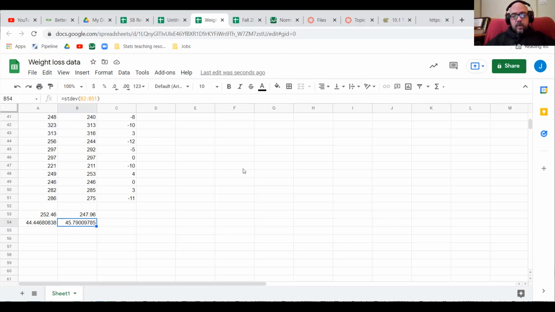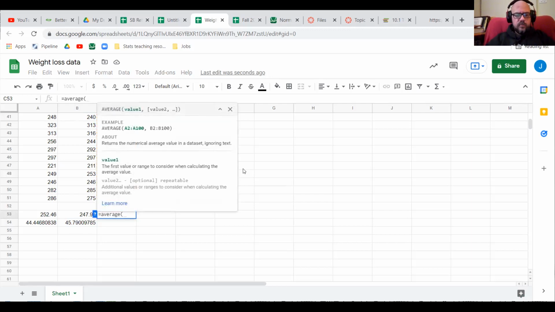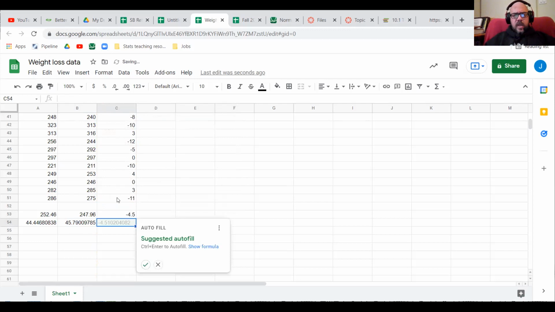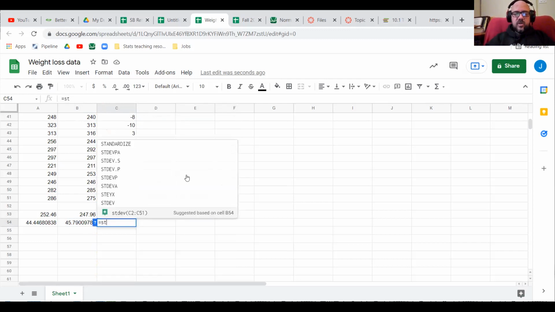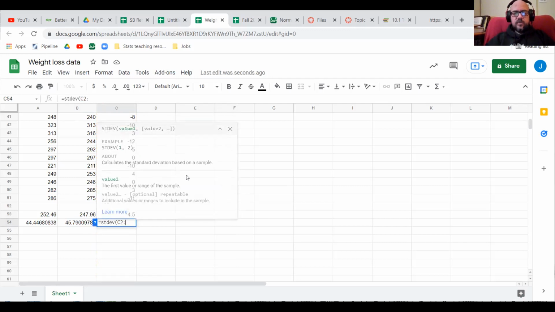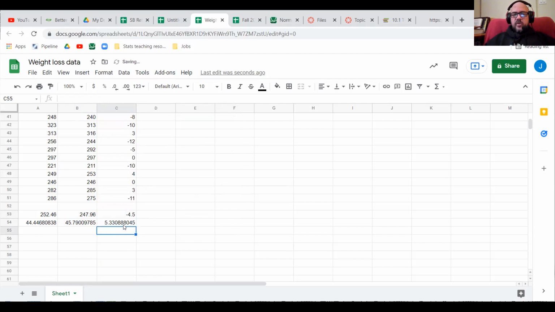However, the thing I want to do here is average of C2 through C51. Yeah, so 4.5 pounds. And then I'm going to find the standard deviation of C2 through C51. The standard deviation here is just 5. That probably makes this detectable, right?